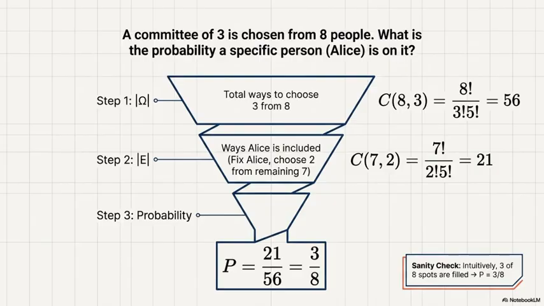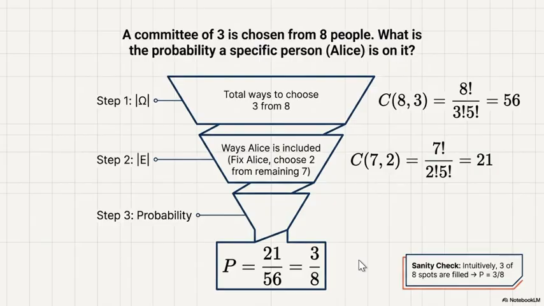What is the probability that a particular person, Alice, is on it? You find the total number of ways to choose 3 from 8, which is done by combination. Then, with one person already chosen, the next step is 7C2. You just multiply and divide, 21 by 56, and you will get the answer 3 by 8.